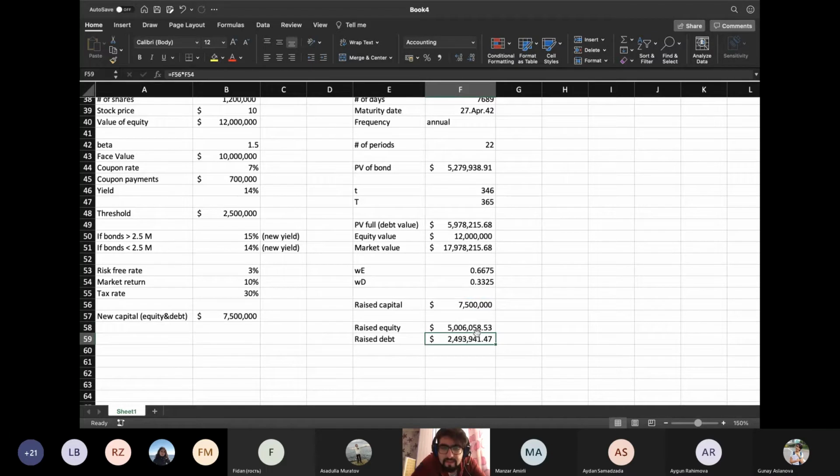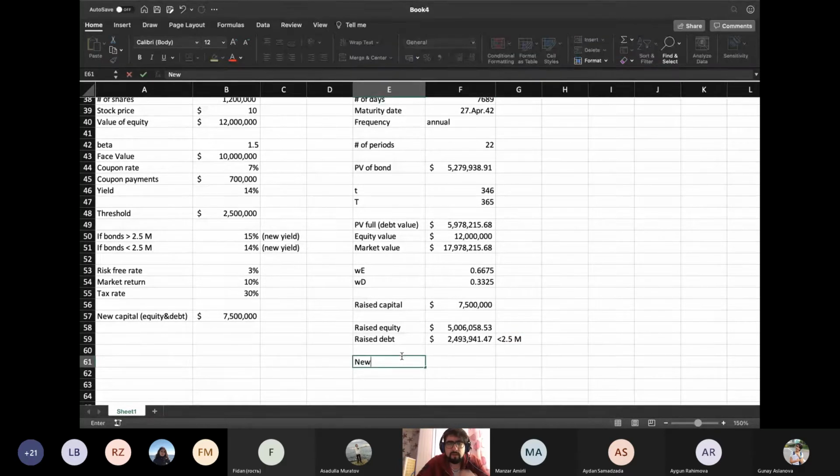We see that raised debt, 2,004,000, is less than 2.5 million. Our threshold value, less than our threshold value. So we have to go further with new yield. It is also RD, cost of debt, 14%.